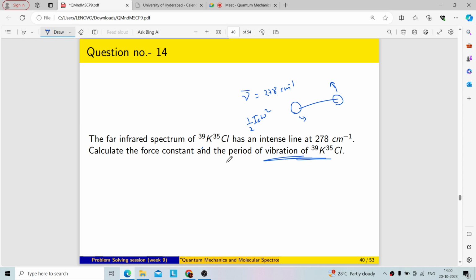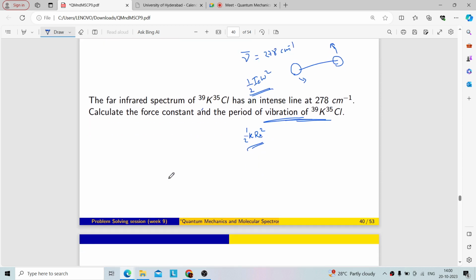So in that case it will have energy of half k r_e square. Okay, so we have two kinds of energies. Now what we have to do is equate them. So this will give us half I_e omega square equal to half k r_e square. So this k is nothing but the force constant.